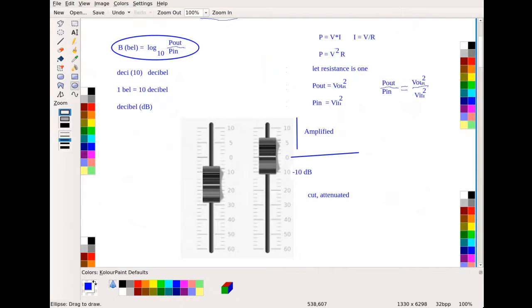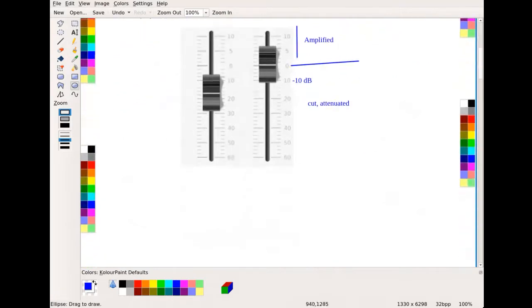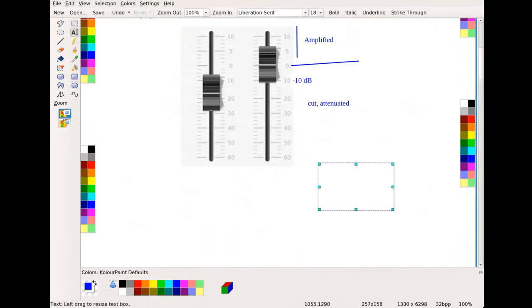If you do a log, remember that we're doing log base 10. So let's say something like 10 to the 5th power.